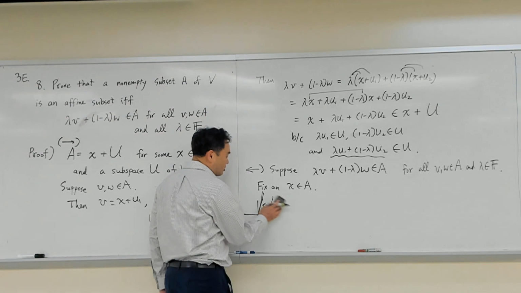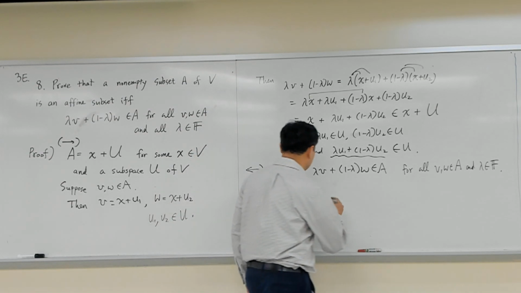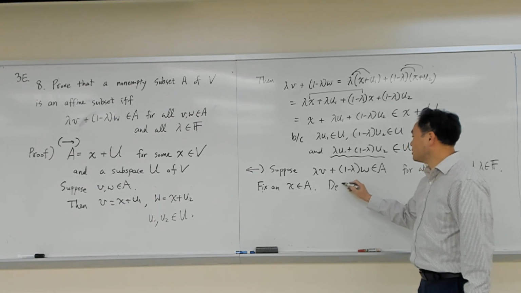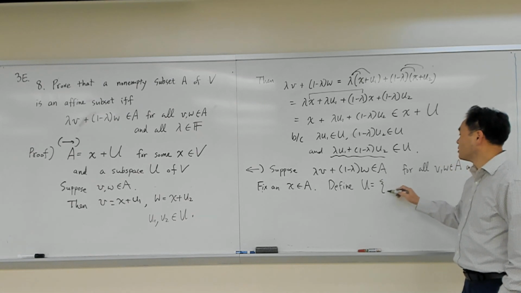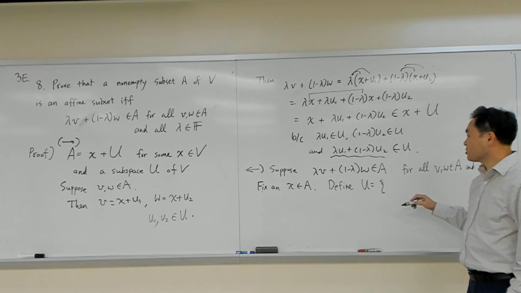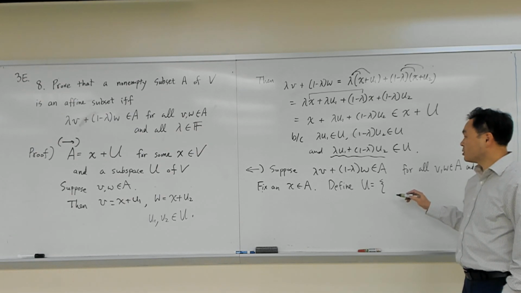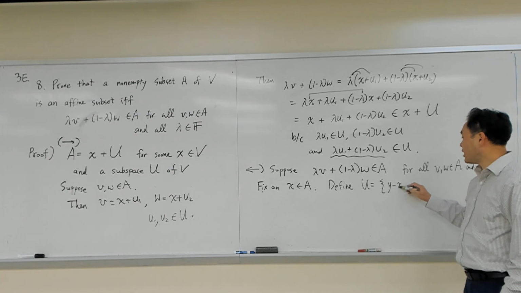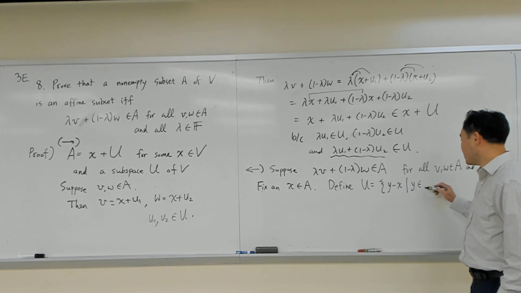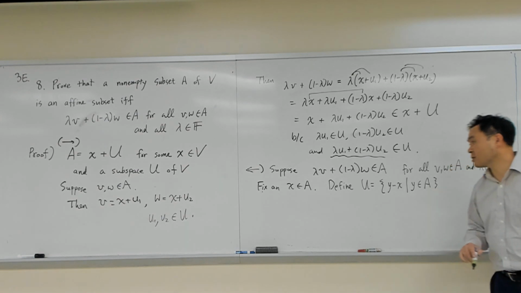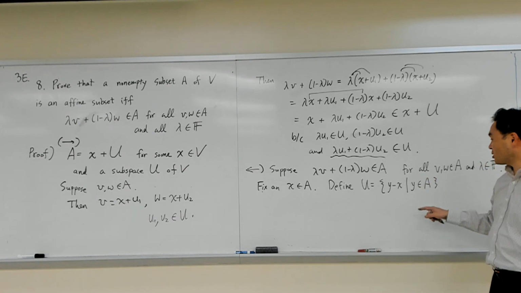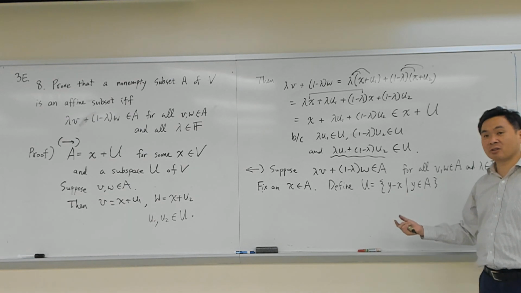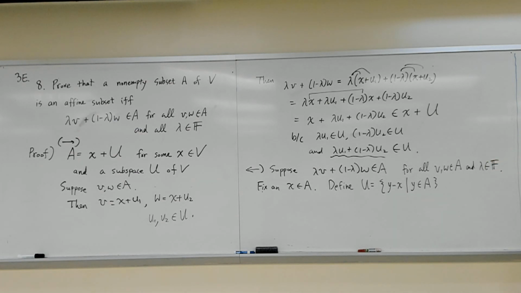Okay, so what we're going to do is define U as a collection of y minus x, where y is in A. Okay, so we fix an element in A, but then once you fix it, U is just going to be taking away the x, and I claim that with this, U is going to be a subspace, right?